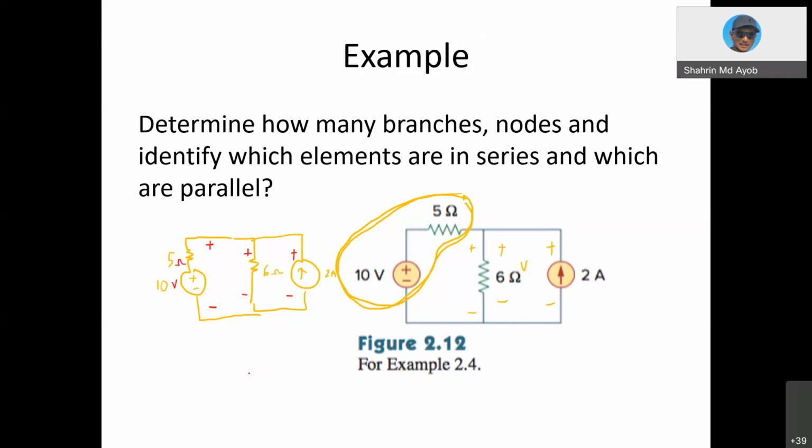Meaning that the voltage across the 6 ohm is the same as across the 2 ampere source, and this is the same as the voltage across 10 V plus the 5 ohm. So the 10 volt connected with the 5 ohm is in parallel with the 6 ohm and 2 amperes because they share 2 nodes.